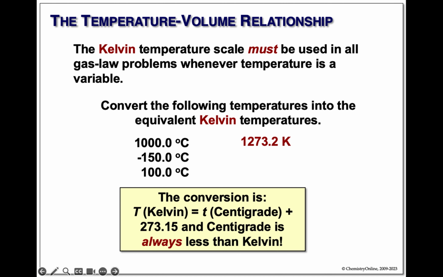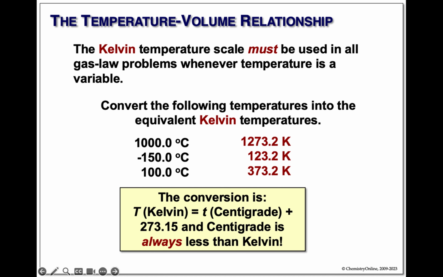I don't know why they did that, but it's just Kelvin. Minus 150 is 123 Kelvin. And we just saw 100 centigrade is 373 Kelvin. So rule 1 to remember: it must always be converted to Kelvin.